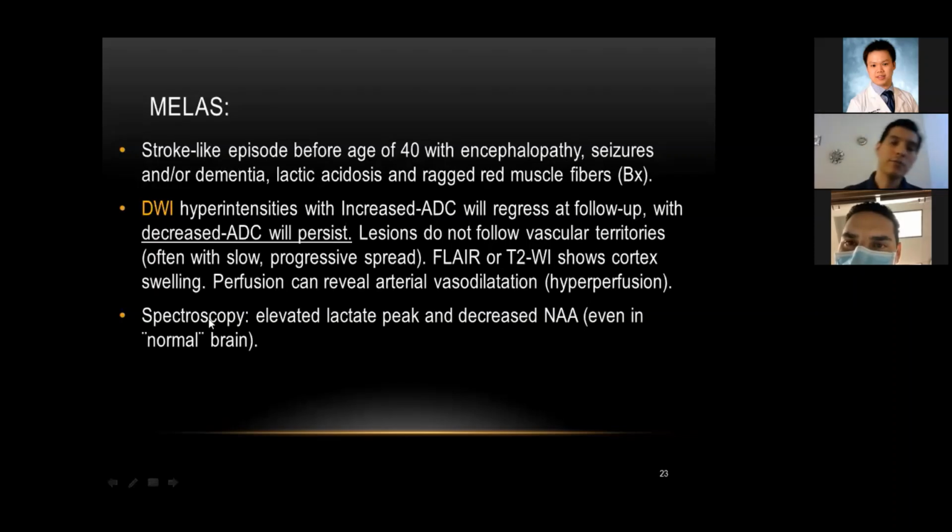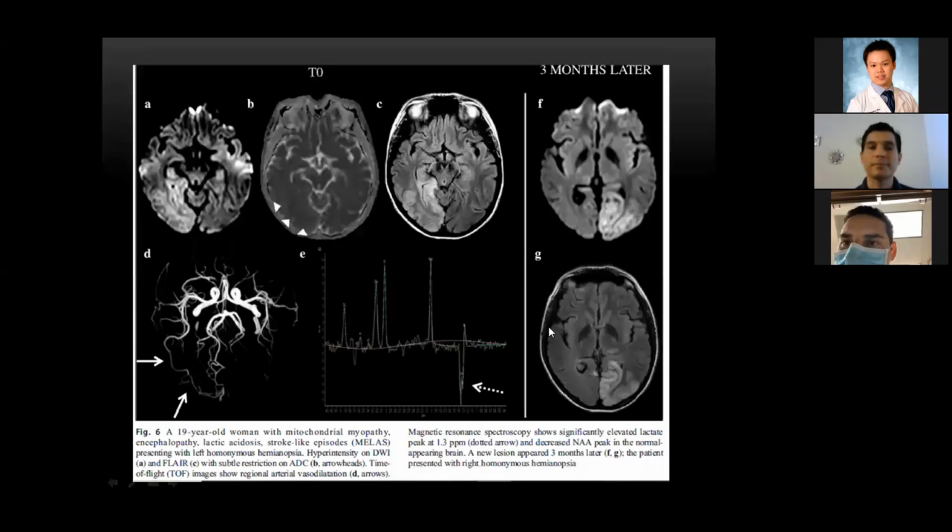And in spectroscopy, we will find an elevated lactate peak and decreased NAA, even in a normal-appearing brain, so this is a metabolic failure that is broad in all the brain. This is a special use of spectroscopy. The other special use of spectroscopy is tumors.